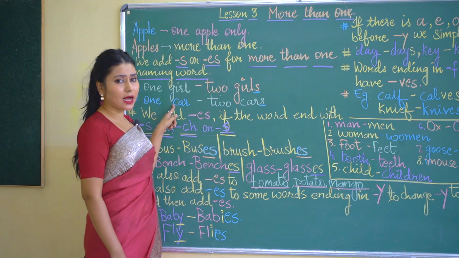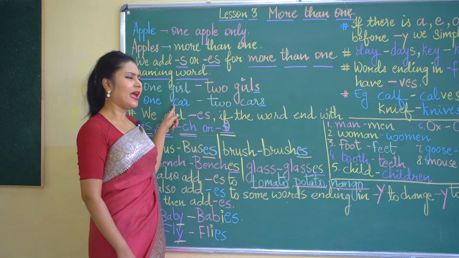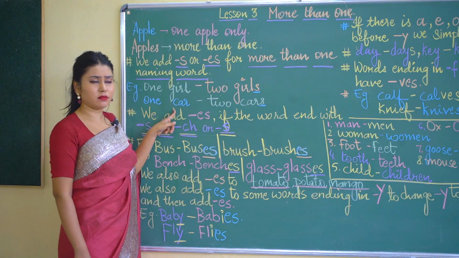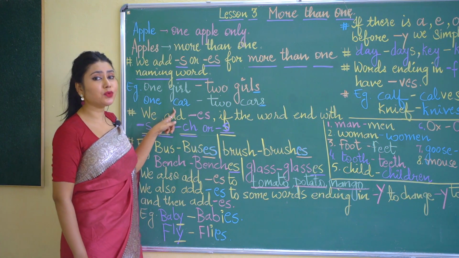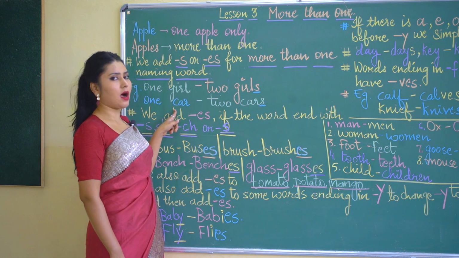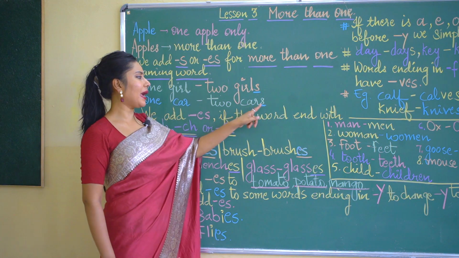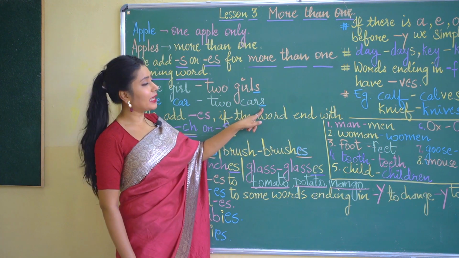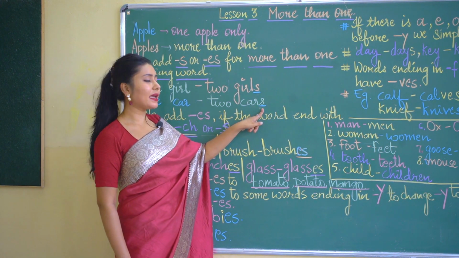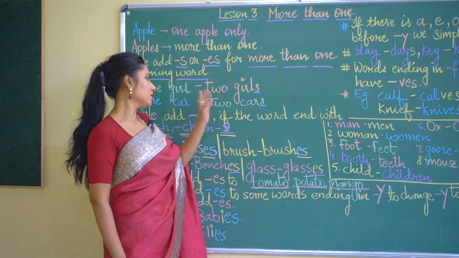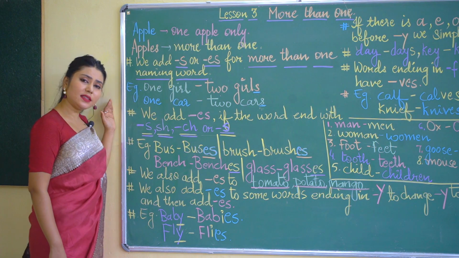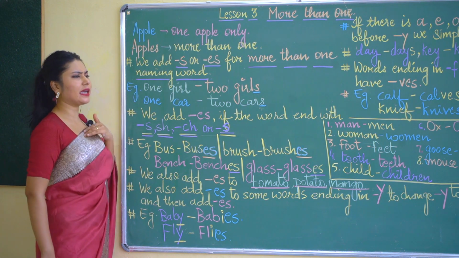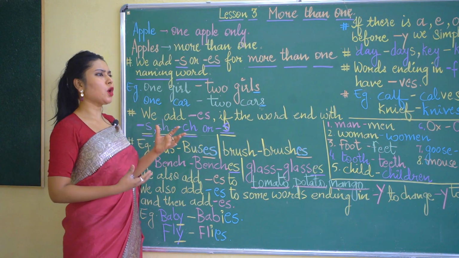If there's one car, you will just say there's a car parked outside my house. But if you find two cars, you cannot say two car. You have to put S here to make it into a plural form. So that's how cars.